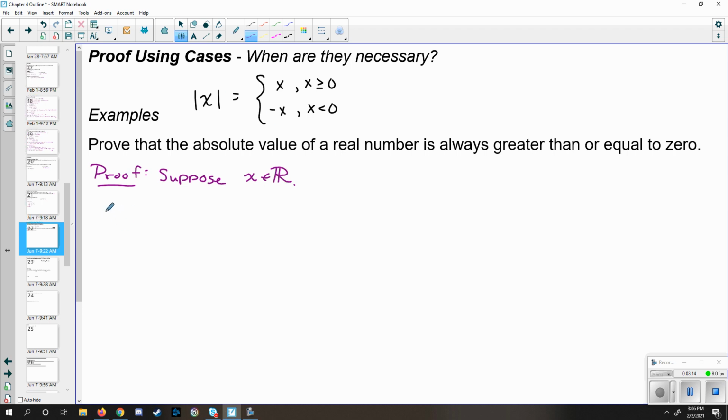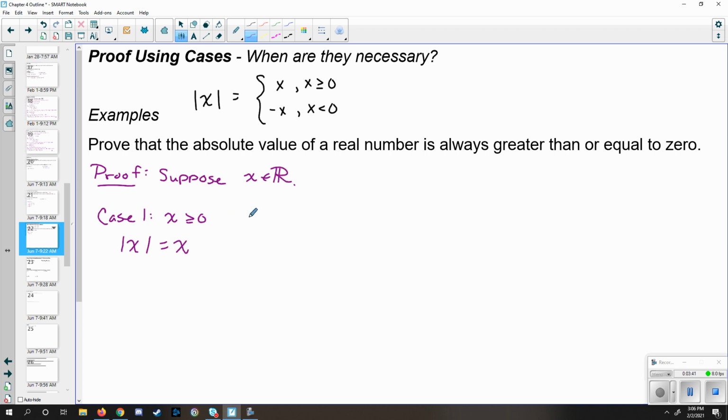So if we have our first case, let's call this case 1, x is greater than or equal to 0. Well, if x is greater than or equal to 0, that right there is telling us that the absolute value of x is greater than or equal to 0, since the absolute value of x is equal to x, and we know that x is greater than or equal to 0.